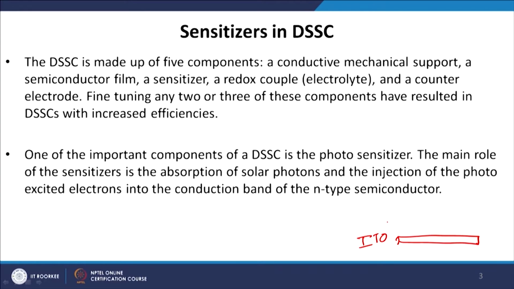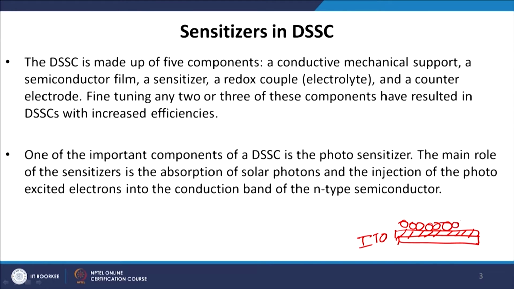What did we use as the semiconductor film? Titanium dioxide. So we put a layer of titanium dioxide on top of the ITO substrate, that is the semiconductor film. Third is the sensitizer or dye molecule. The role of the dye molecule is to absorb the sunlight, and we dip the photoanode, the titanium dioxide anode, in a sensitizer solution.